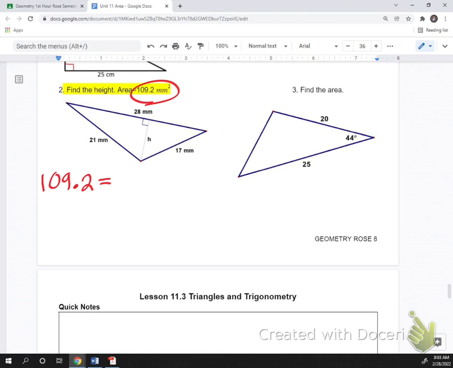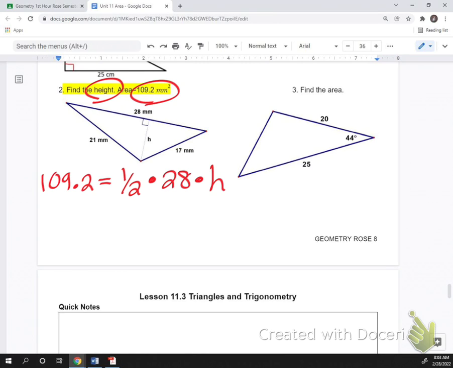What is the base? 28. So 1/2 times 28, and it told me I'm finding the height, h. Again, there was a typo in your text when I printed it, so please change it. This is the setup for number 2. How are we going to solve for h now? Math.